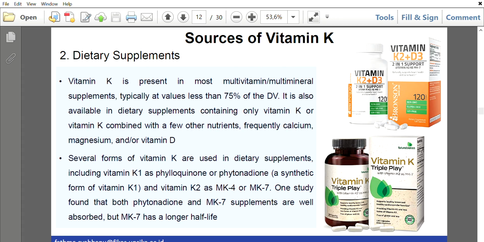Vitamin K is present in most multivitamin or multimineral supplements, typically at values less than 70% of the daily value.